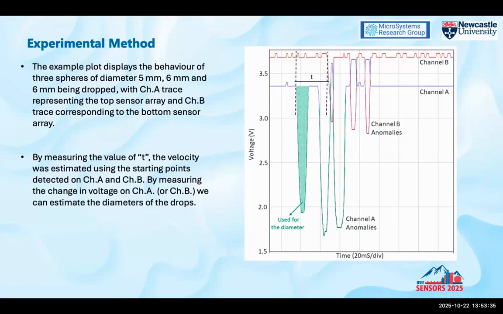So this is the 5 millimeter, this is the 6 millimeter, and this is the other 6 millimeter going through the beam. We know the distance between the 2 beams on the system, which is 25 millimeters. So when a drop crosses the 2 beams, we get a time, which gives us a bonus piece of data: the velocity of the raindrop entering the gauge.